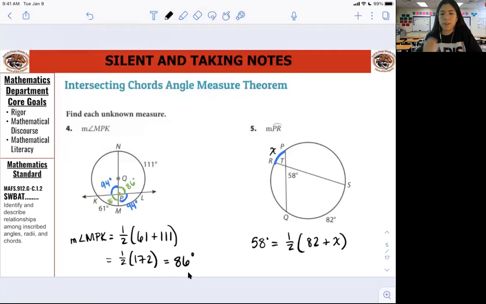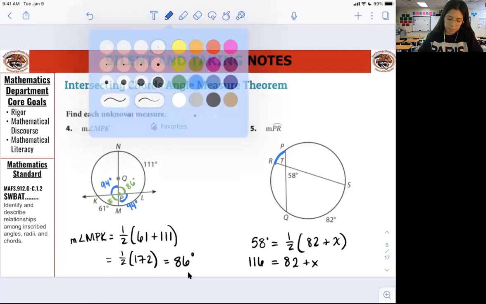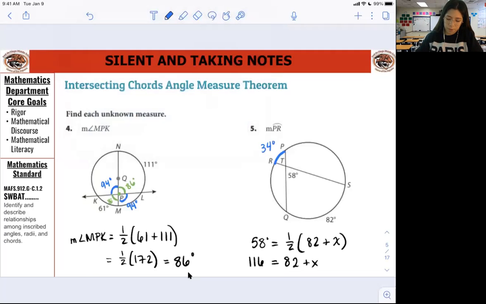If we don't know what it is, we can call it x. So we multiply 58 times 2, which is 116, and then take away 82. 116 minus 82, we get 34. 34 degrees. How do we feel? Any questions so far?